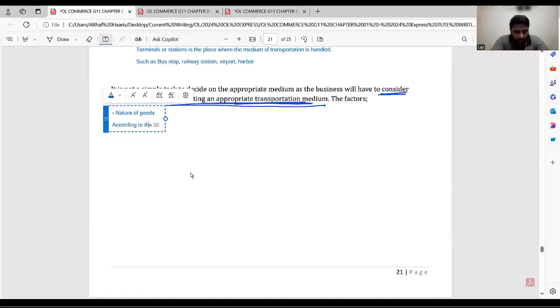According to factors such as the nature of goods, expiry period, weight, value, the medium can change.